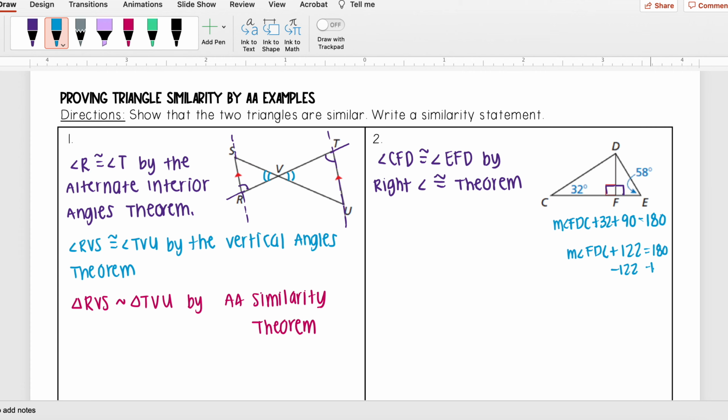Subtract 122 from both sides, and I get that the measure of angle FDC is equal to 58 degrees, which is exactly what we were looking for. So I can say the measure of angle FDC is equal to 58 degrees by the triangle sum theorem.